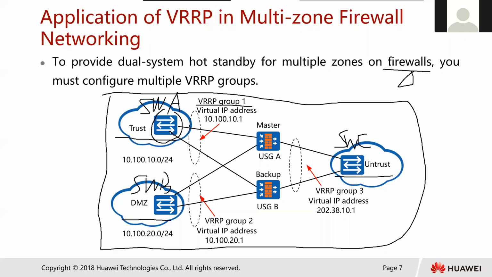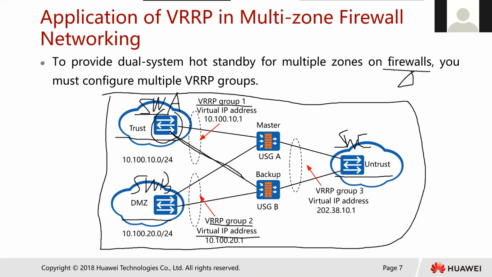One is for switch A, and the other VRP group we call VRP group 2.